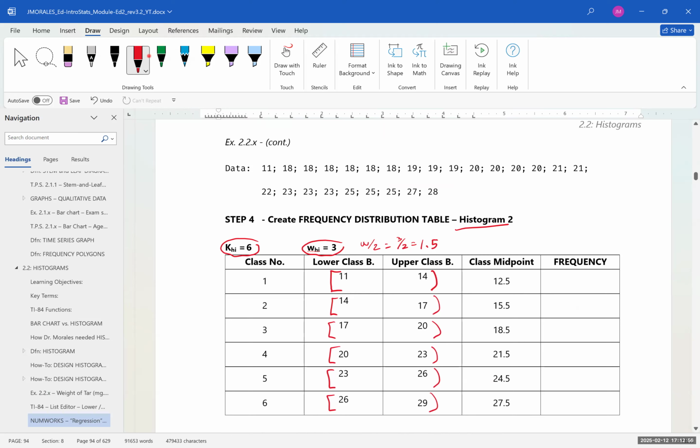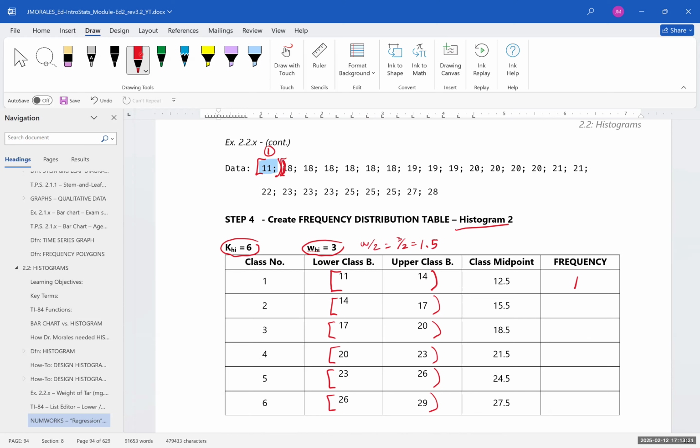So for class 1, we have a lower bound that includes 11 and excludes 14. Between 11 and 14, we've only got 1. Next, class 2 includes 14 and excludes 17.